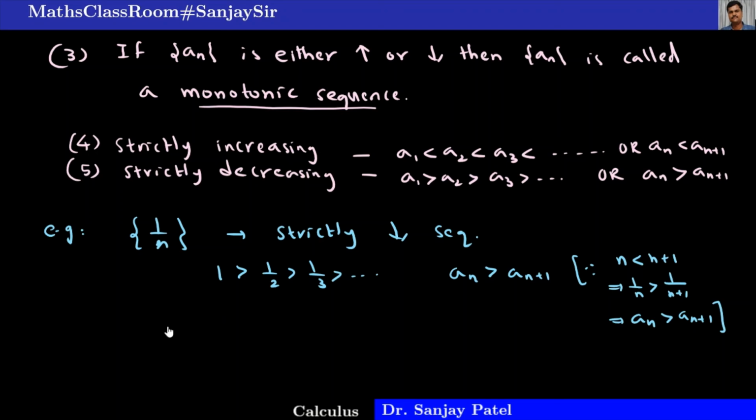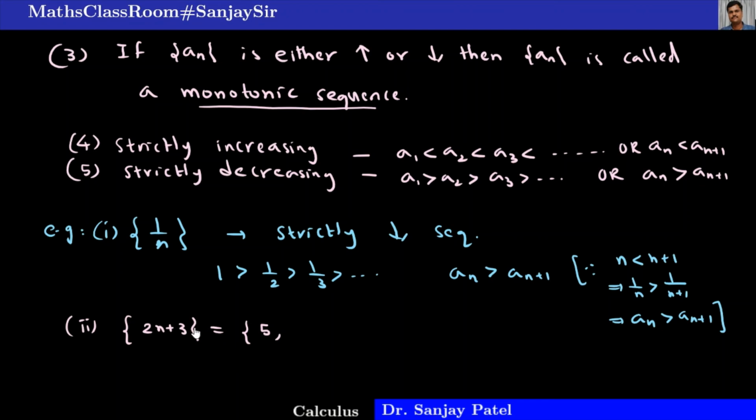Okay. Then another example we want to consider here is a strictly increasing sequence. For example, if I have say 2n plus 3, then the terms of this sequence are, if you put n equal to 1, you will get 5.